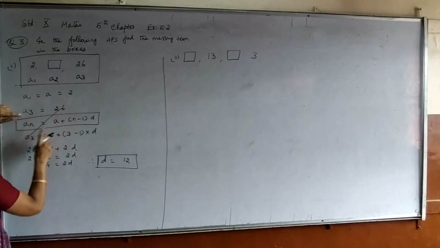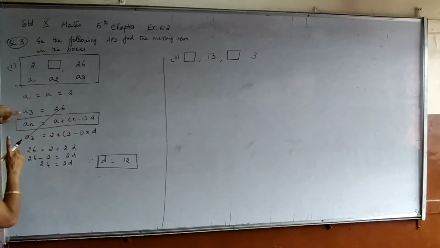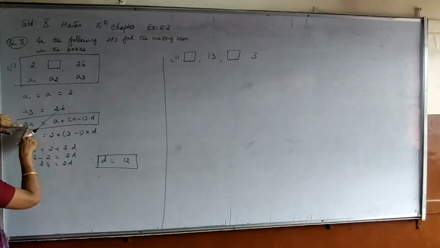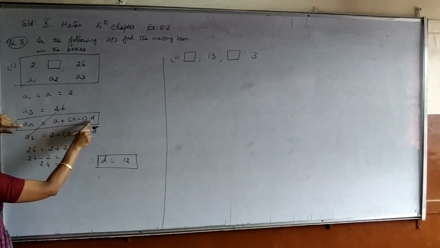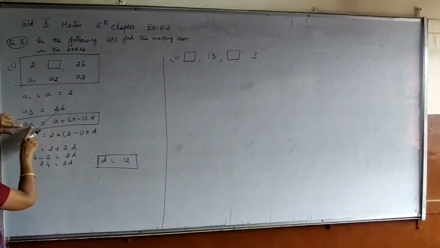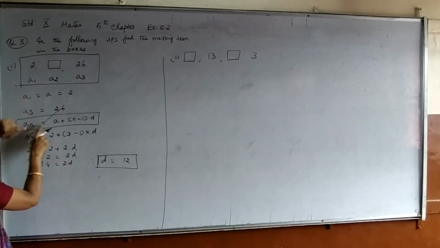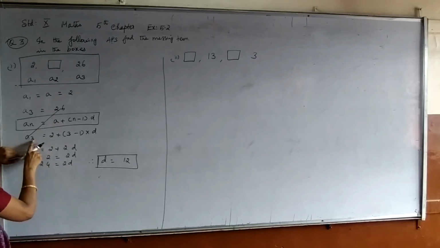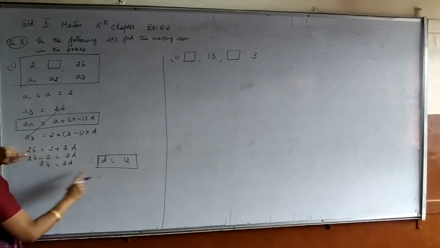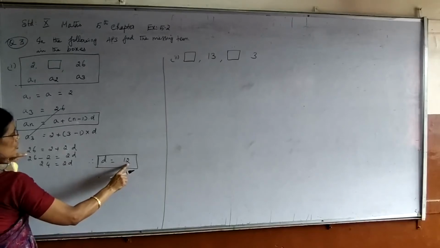Whenever the question involves any term, the word term, we use only one result, an equal to a plus n minus 1 into d. An is a3. So n is equal to what? n is equal to 3. Substituting the values of a and a3 given in the question 26, we got the value of d is equal to 12.